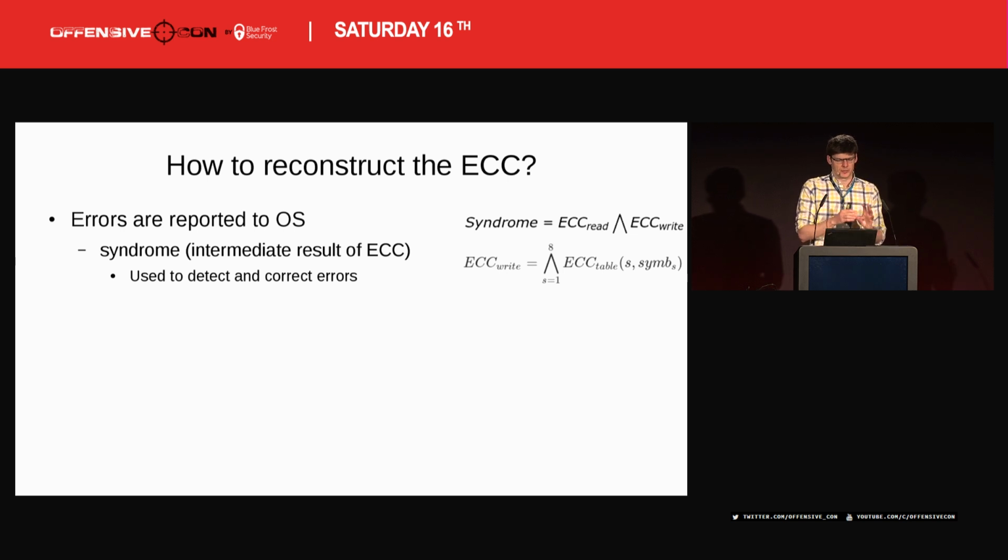You can also view the ECC as a big table, indexed by a symbol, which is a bunch of adjacent bits, in one direction, and the symbol value in the other direction. Also, when computing the syndrome, another simplification is just to do a XOR between the ECC that you retrieve from the memory and the ECC that you just computed yourself.